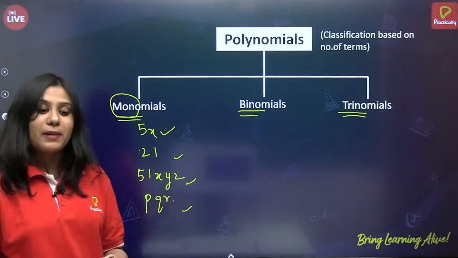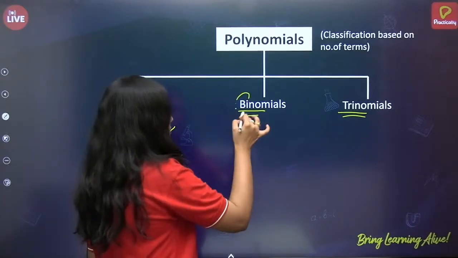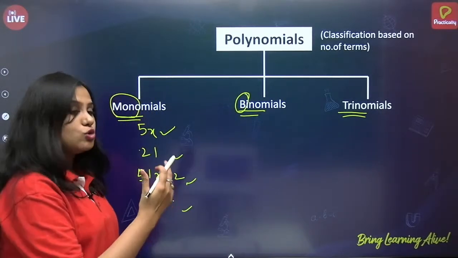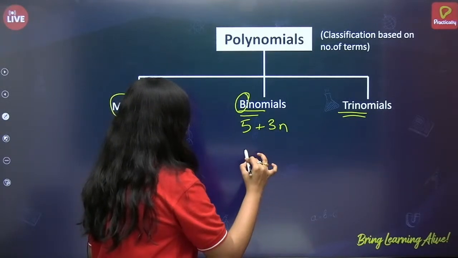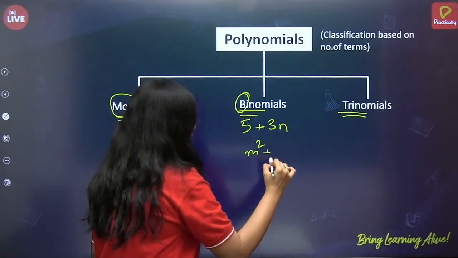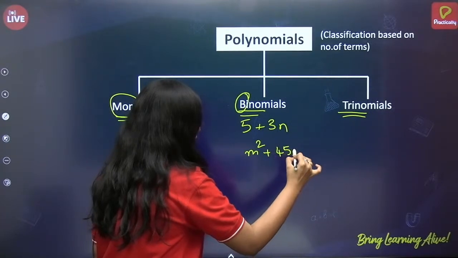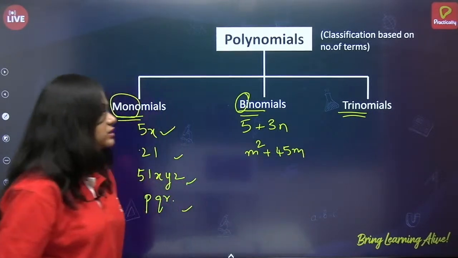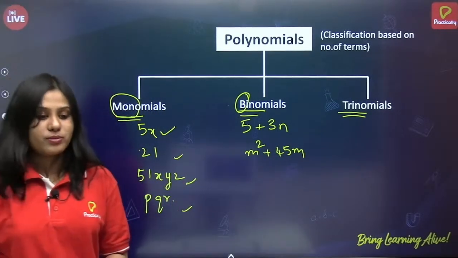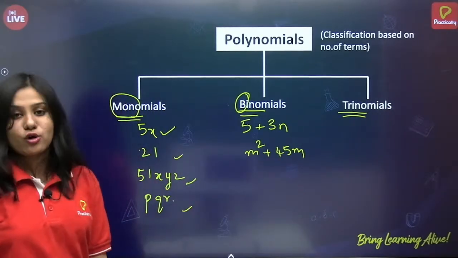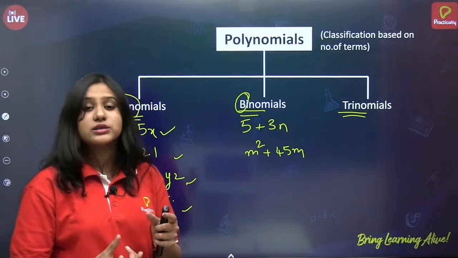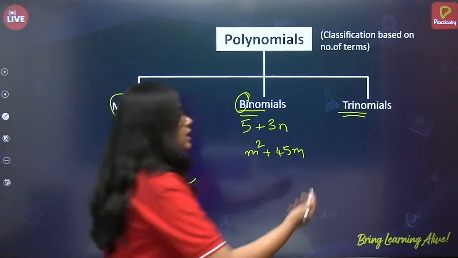And what is a binomial? The name itself says bi means 2. So 2 terms. Let us write 5 plus 3n, m square plus 45m. These two are examples of binomials. Why? They have 2 terms. Next is the trinomial. Tri means 3. So it has 3 terms.